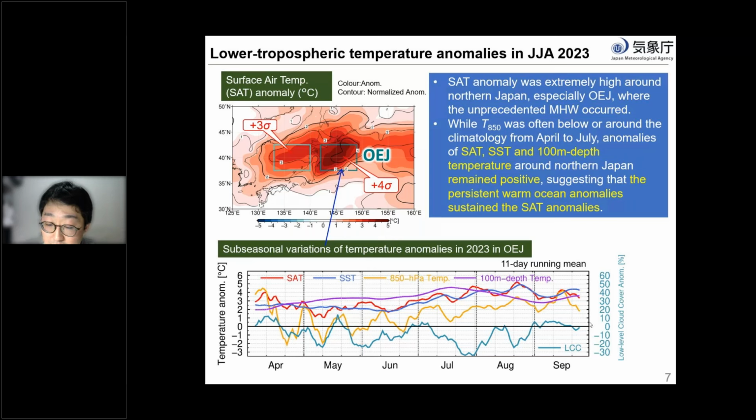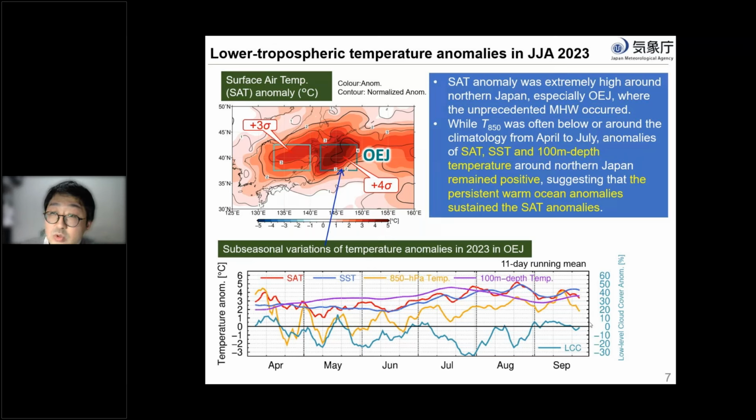It is remarkable that while 850 hectopascal temperature, indicated by yellow color, was often below or around the climatological normal from April to July, anomalies of SAT, SST, and 100-meter depth temperature remained positive. So this suggests that the persistent warm ocean anomalies sustained the SAT anomalies.